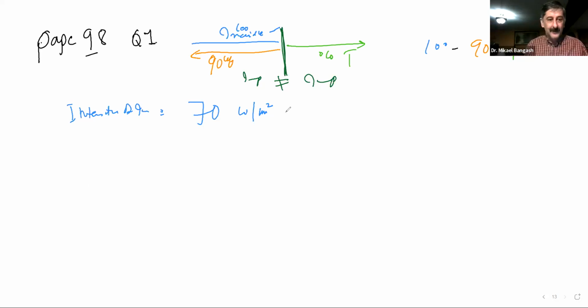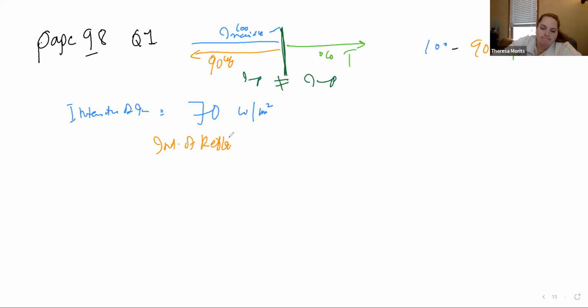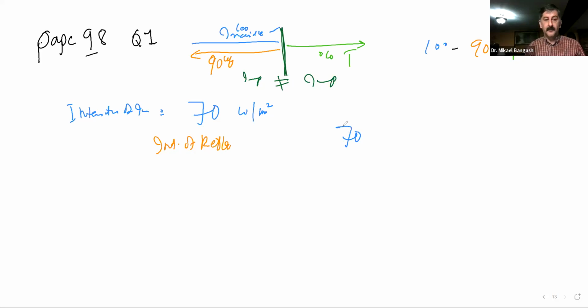Good. So what do you want to calculate? Intensity of reflection? Sure. So the intensity of the incident beam was 70.